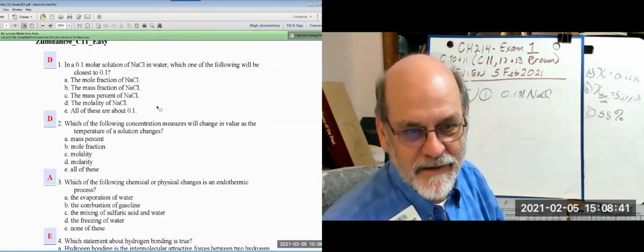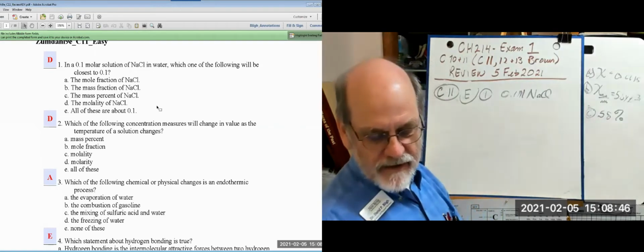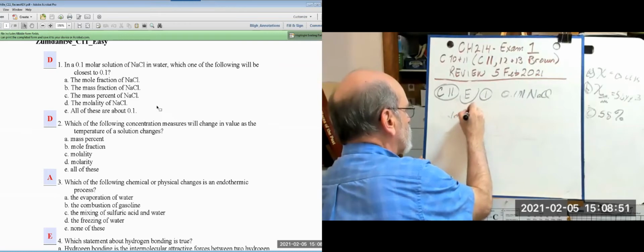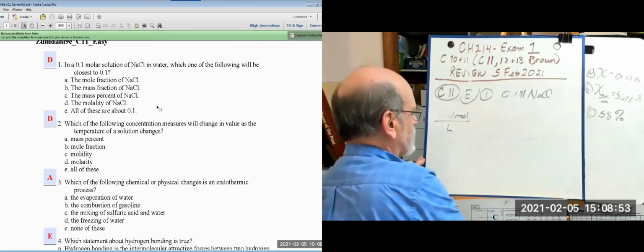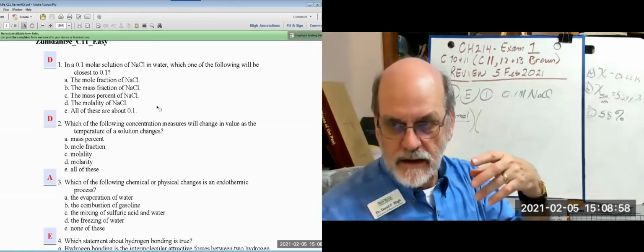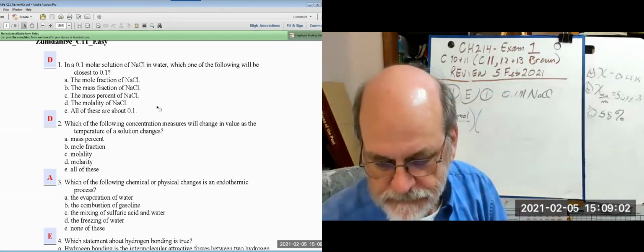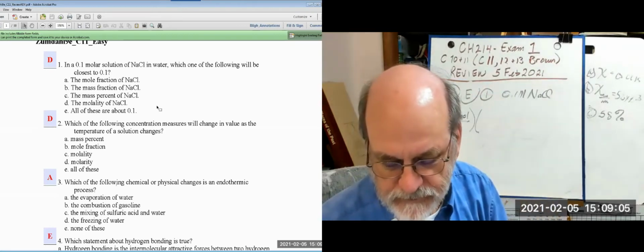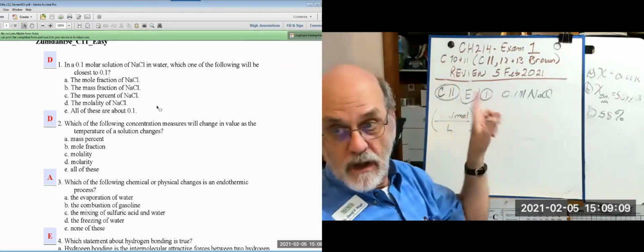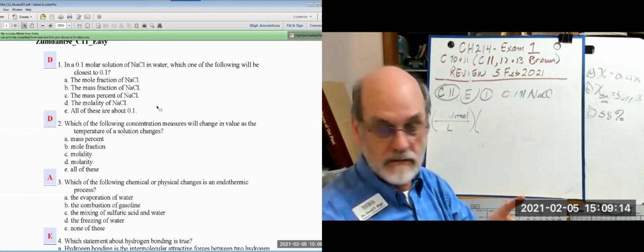How about the molality of sodium chloride? Molality is, we go from 0.1 mole per liter of solution, but we need mass of solvent. So 0.1 mole of sodium chloride is 1/10 of its molar mass, right?